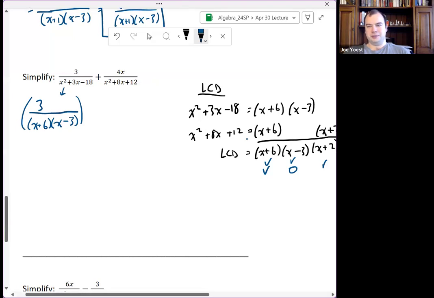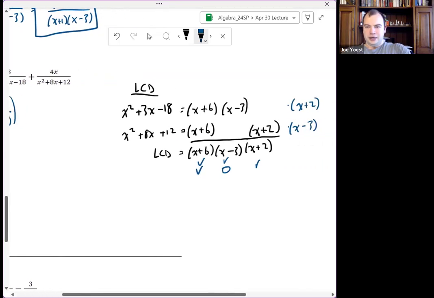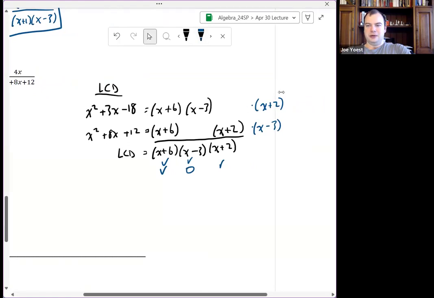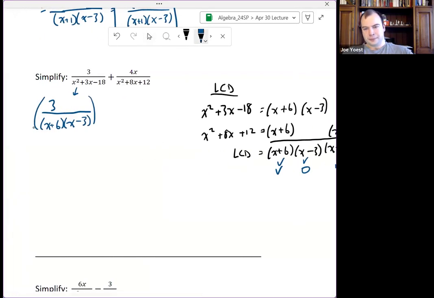That's this first fraction. And again, to make the LCD, I need to supplement that with a factor of x plus 2. And again, if I'm going to put it on the denominator, I need to also multiply it onto the numerator.